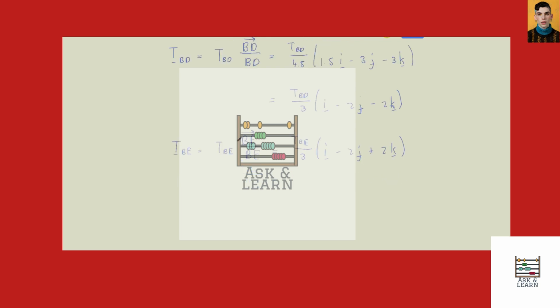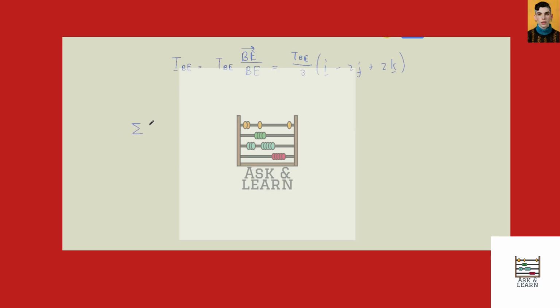Now, with all our information, we can finally take the sum of the moments about A. And we know the sum of the moments about point A must equal 0.